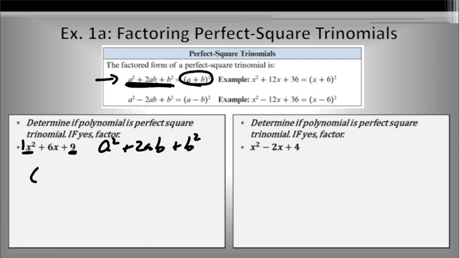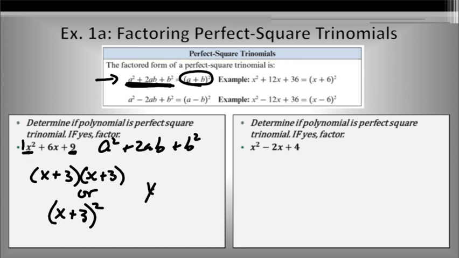Yes, so I know that my trinomial can be x plus 3 times x plus 3, or as a perfect square trinomial, we know that it would be x plus 3 squared. So yes, this is a perfect square trinomial.